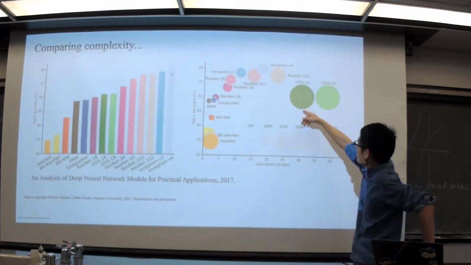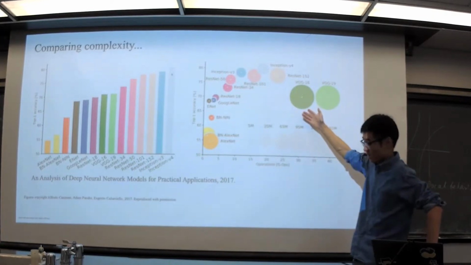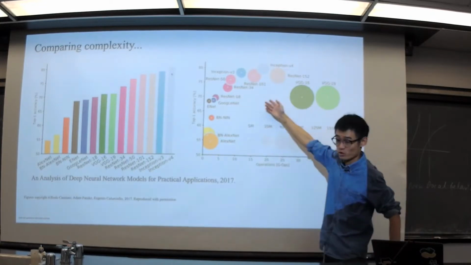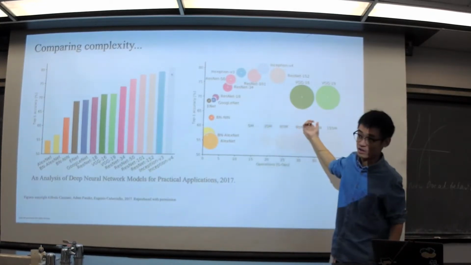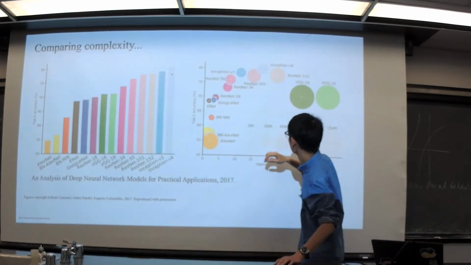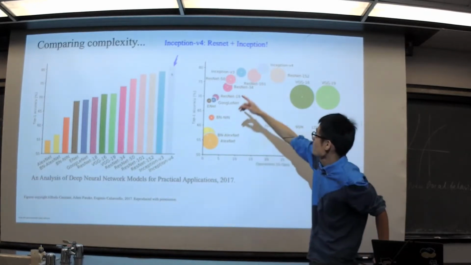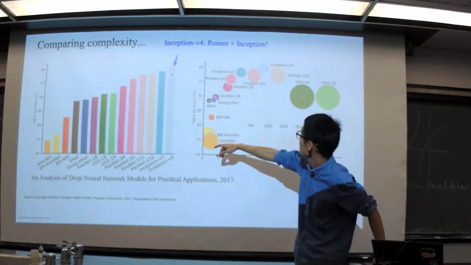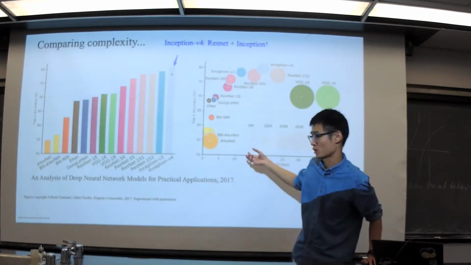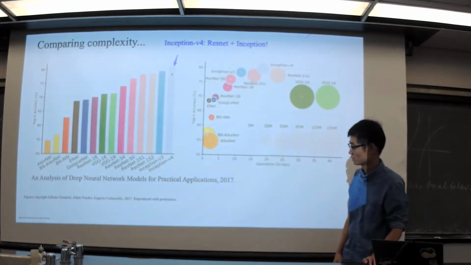And here's VGG16 and VGG19. They take a lot of memory and a lot of operations, but not that good performance. That's why no one uses them. The InceptionNet V4 is ResNet plus Inception. As I mentioned, you use residual blocks to replace the convolutional layers in GoogleNet.